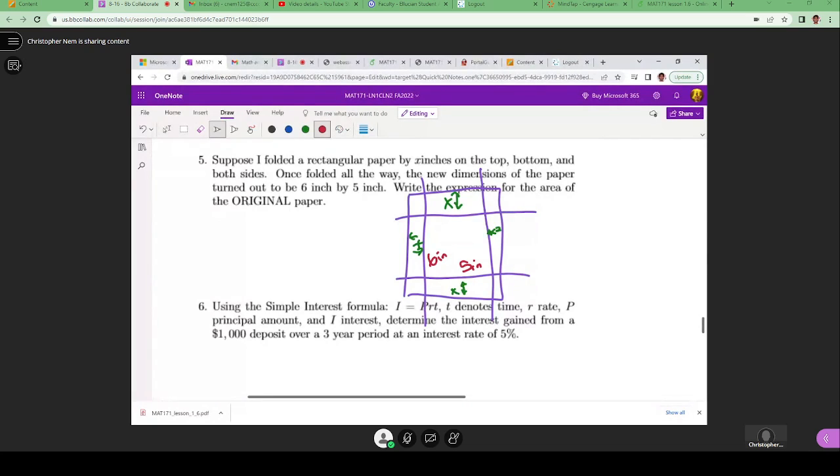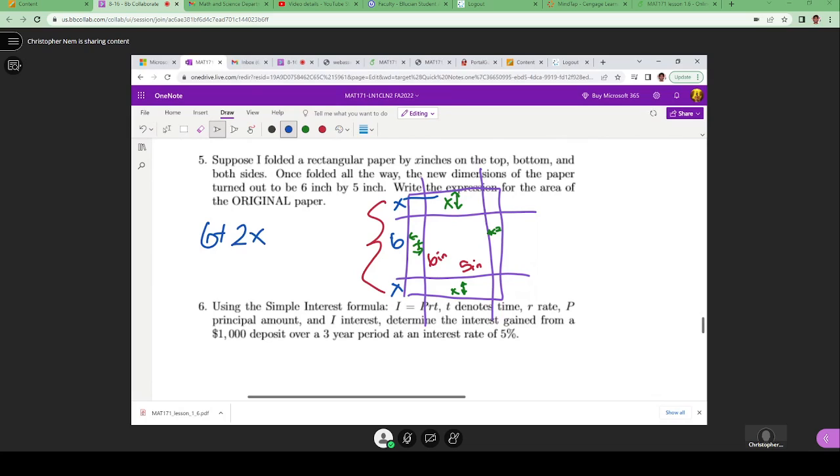Well, how can I figure how long this guy is? I know that this is also x over here because they carry over. They're the same. They're parallel. They're the same size. This is also x. So I have the original from here to here is 6, and the two ends are x amount. So that means the length of this guy is going to be 6 plus 2x because there's two x's I have to add.